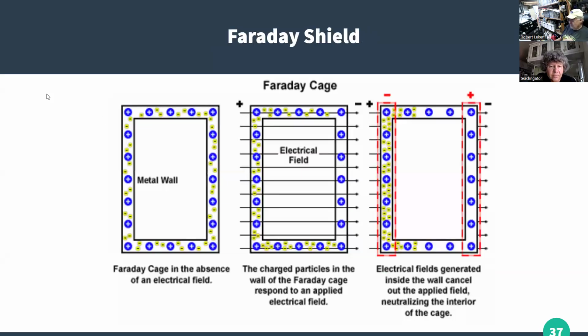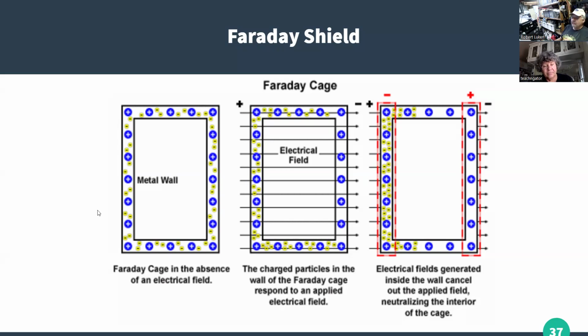So the way a Faraday cage works, I don't know if you have one of these credit card protectors. It's a metal wallet that you put your credit card in. RFID wallets and all that. Right. That's a Faraday cage, basically.